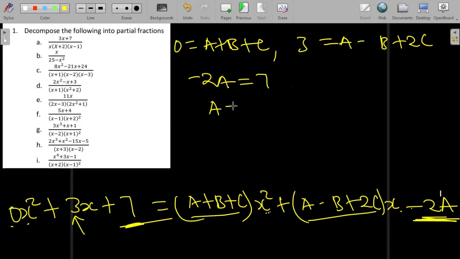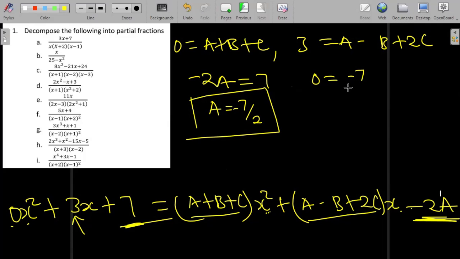This means A is equal to minus 7 over 2. So we have found the value of A, and then we can use it to find the values of B and C. From here, 0 is equal to minus 7 over 2 plus B plus C. This simply means B plus C is equal to 7 over 2.